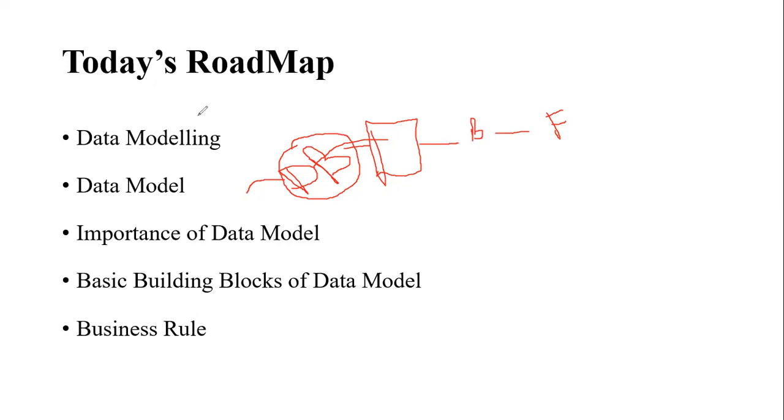Okay, so we have to see what data modeling is, what a data model is, the importance of a data model, the basic building blocks of data models, and finally business rules. And in the final 30 minutes, which means at 11:30, you'll have a quiz. This is a group work. I will give you the final answer using Google Docs.